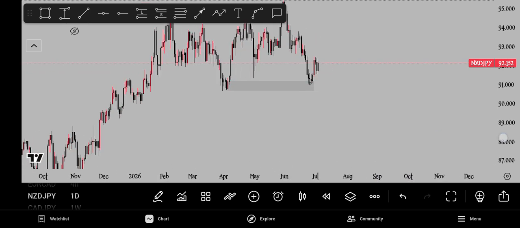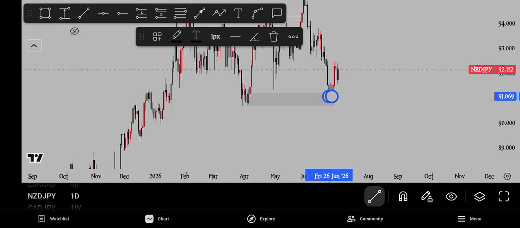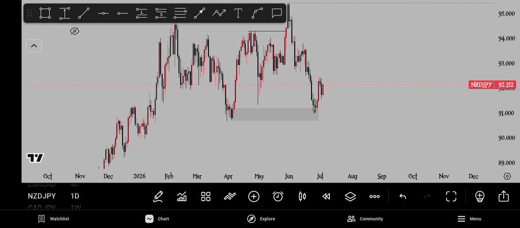Okay, this week that just passed, we took a trade on NZDJPY. I took a trade on NZDJPY, took a trade on CADJPY, and also a trade on EURCAD, and also a trade on GBPUSD.